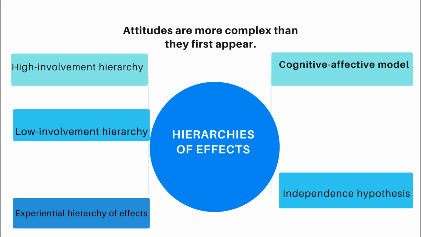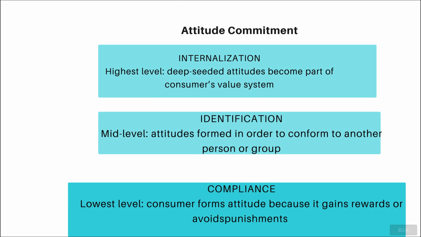Attitudes are more complex than they first appear. There are five effects: high involvement hierarchy, low involvement hierarchy, experiential hierarchy effects, the independence hypothesis, and the cognitive effect model. So here, we're going to talk about the social judgment theory.